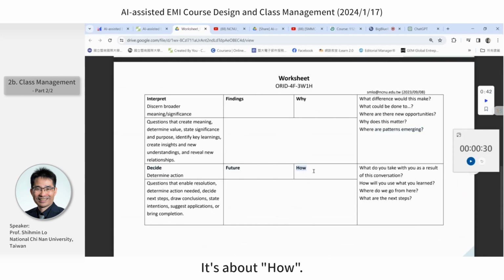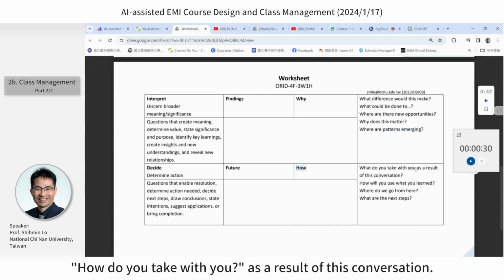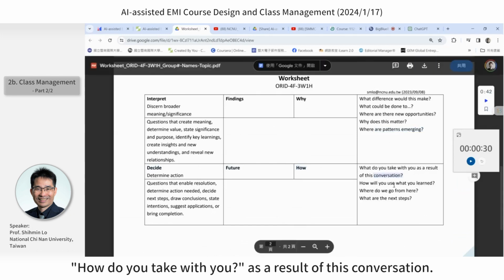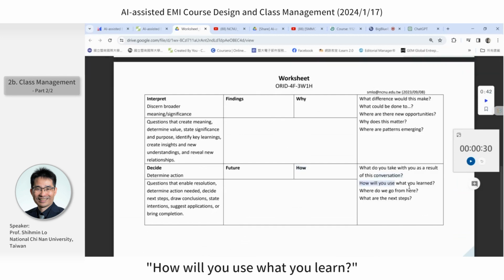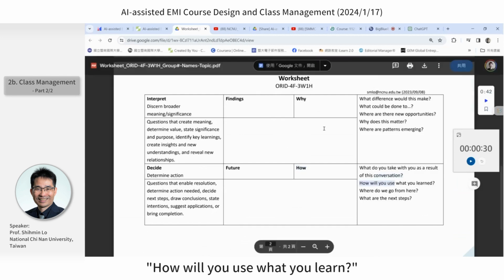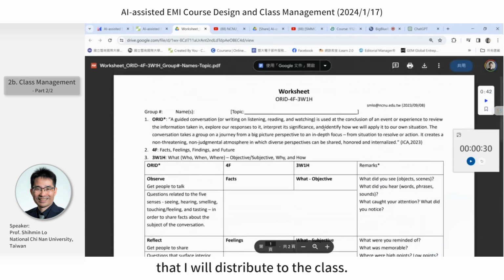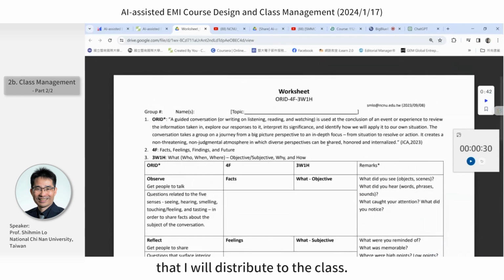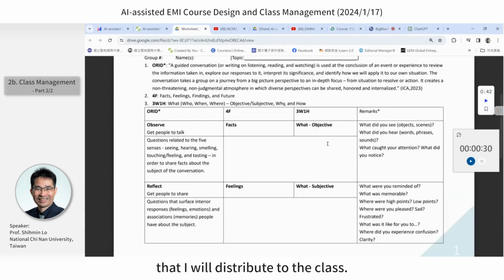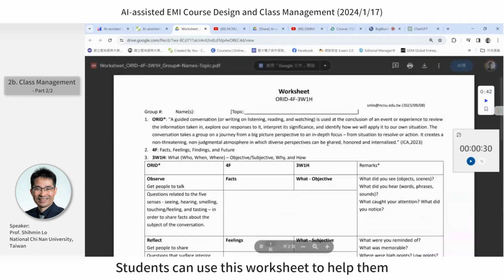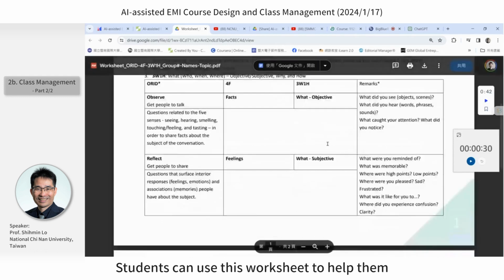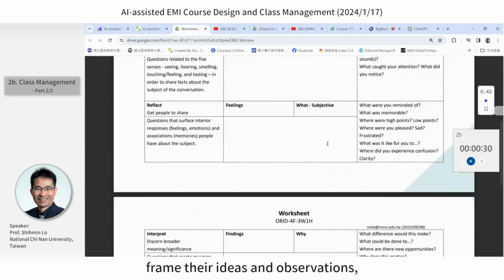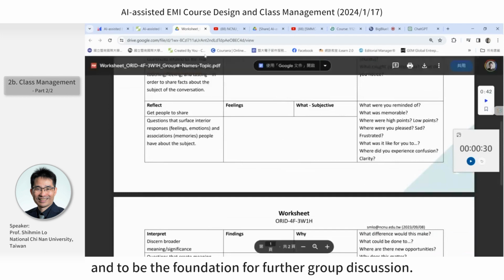So it's about what you take with you as a result of this conversation, and how you will use what you learned. Okay, so this is a worksheet that I will distribute to the class, and students can use this worksheet to help them frame their ideas, their observations, and to be the foundation for further group discussion.